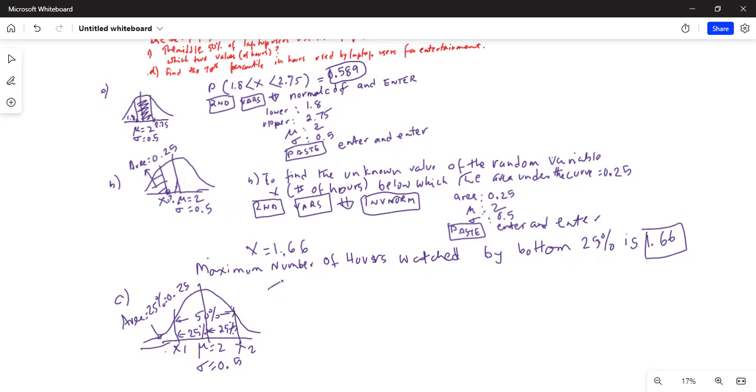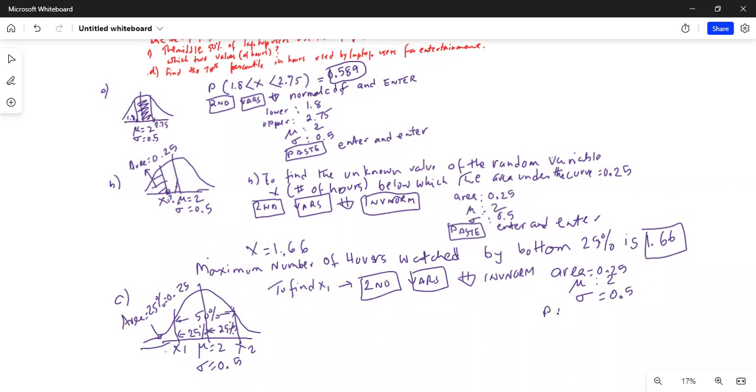So to find x1, what do we do? Second verse, then we scroll down to inv norm. Area is 0.25, mu is 2, and sigma is 0.5.